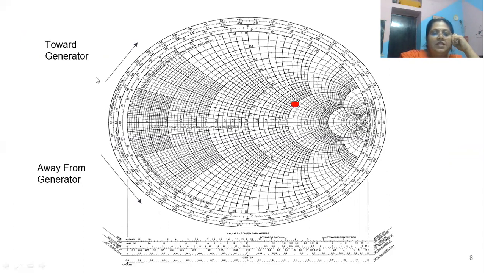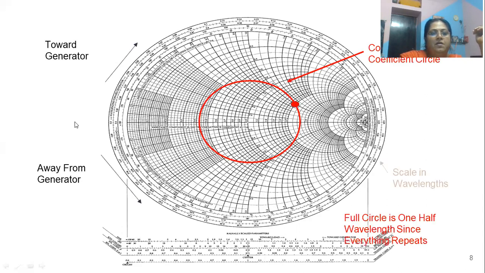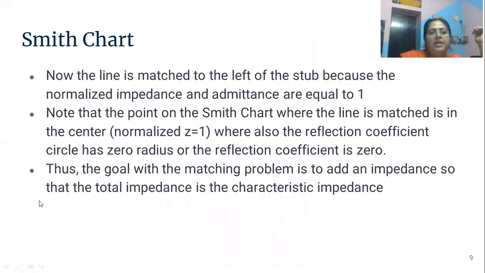So we have considered the direction of the line towards the generator and away from the generator. In this way, we can calculate the reflection coefficient, as we know that the incident wave moves from the generator to the load and the reflected wave moves from the load to the generator. A full circle is half a wavelength, since everything repeats after lambda by 2.